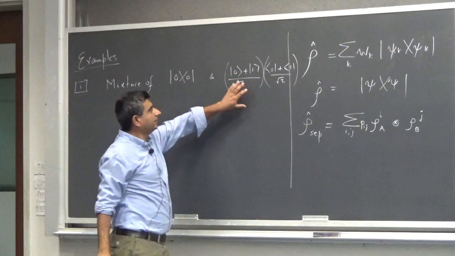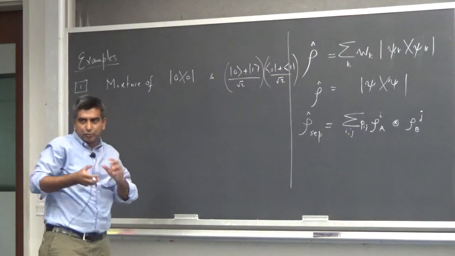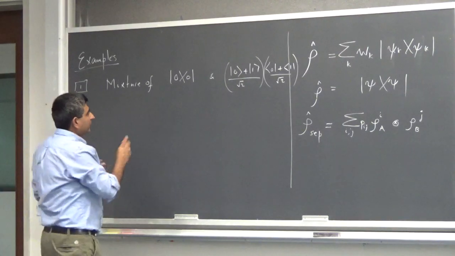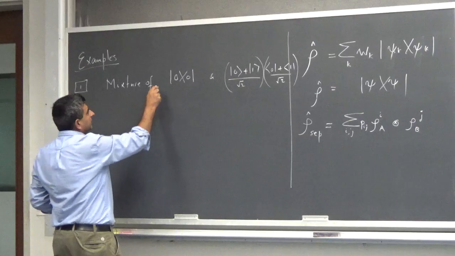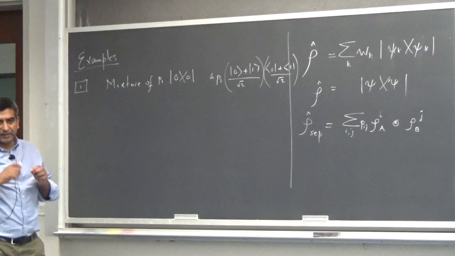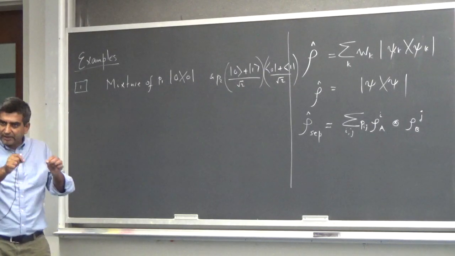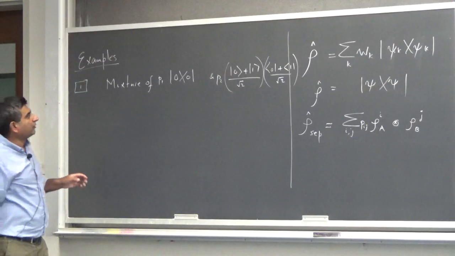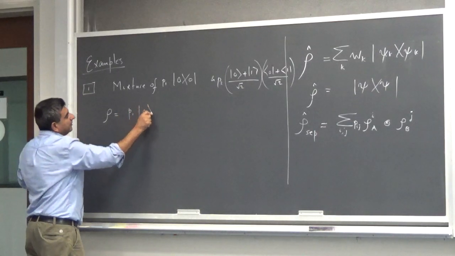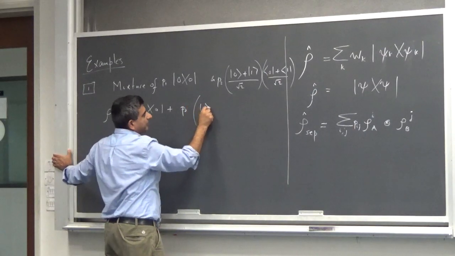This on its own, if I just had this, I just had a ket, that would be a pure state. But now I'm mixing two pure states together. And I have some proportion of this. Say I have P1 of this and I have P2 of this. Now P1 and P2 are numbers. They're real numbers, positive numbers, they're probabilities, non-negative numbers. Now this density operator will be P1 times this outer product plus P2 times this outer product.